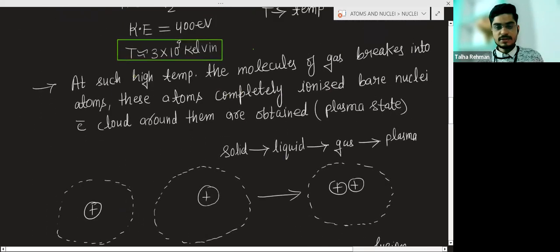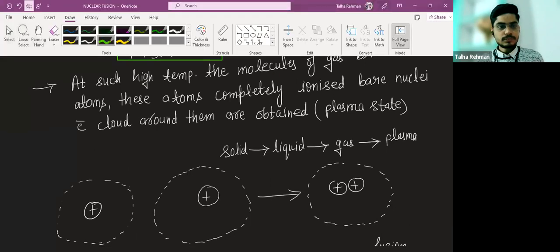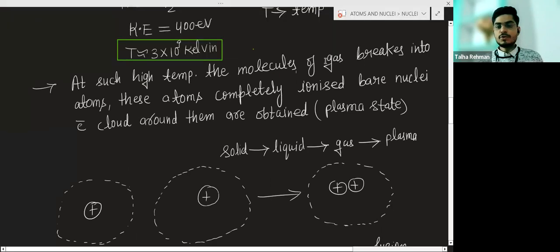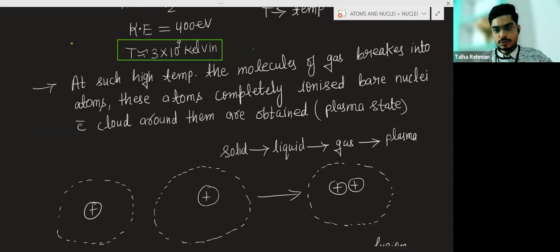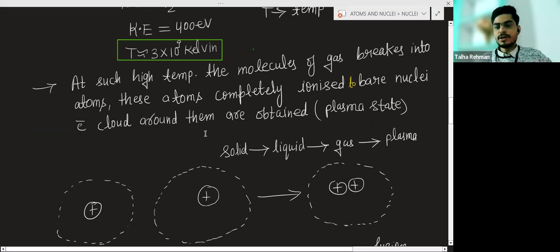So it will be like this. At such high temperature, the molecules of the gas break into atoms, and these atoms are completely ionized to bare nuclei.